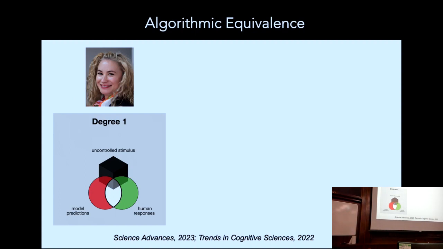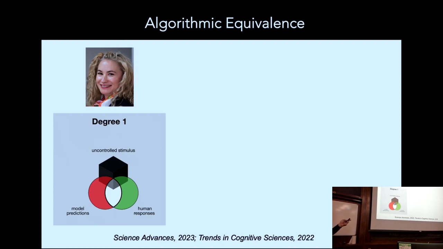So to fix ideas, let me show you how things are done these days typically. So typically we'd start from a database of images of that sort in categorization research, and we would seek to get human responses and model predictions that are shared. That is, the model and the human should say Rachel, happy, young.